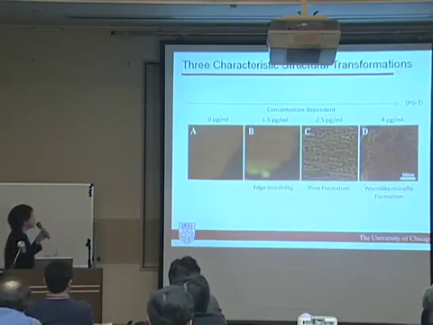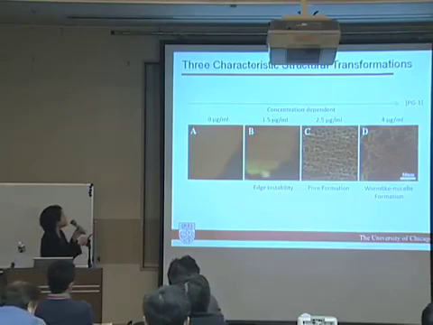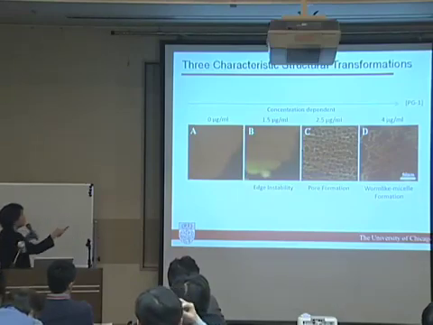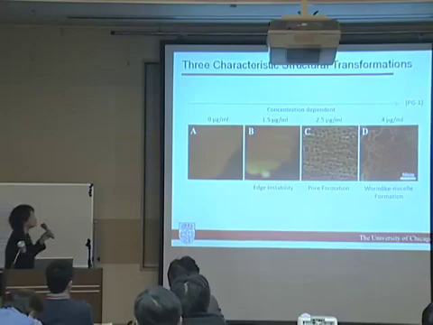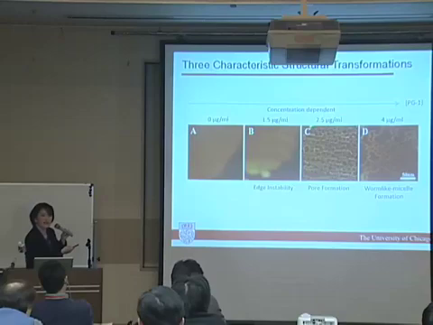So, to make the long story short, there is actually 3 characteristic structural transformations that can be observed in this type of system. When you have no antimicrobial peptide, the domain actually maintains a smooth round edge, so line tension is alive and well. But if you add a small amount of antimicrobial peptide, the first instability that you see is an edge instability.